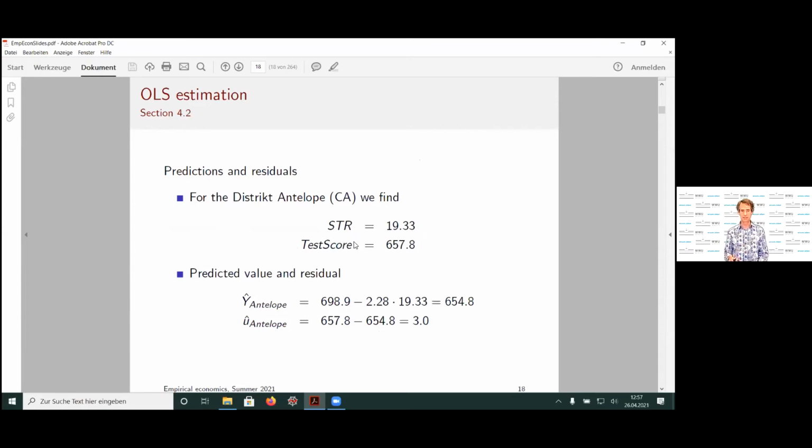And in this case, the deviation is 3, because what we actually observe is 657.8. What we predicted was 654.8. So the difference, the residual in this case, is 3. So it's positive, which means that the actual test score in this district is a little bit larger than we would expect given the estimated regression line.